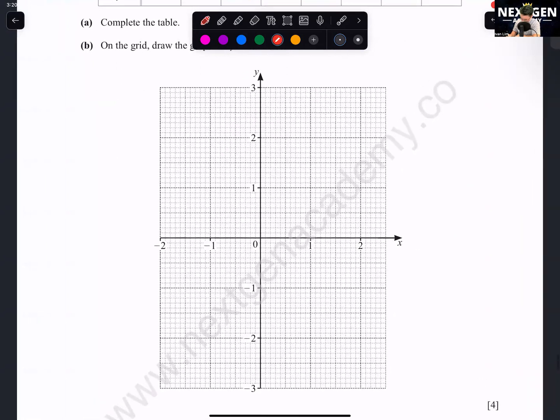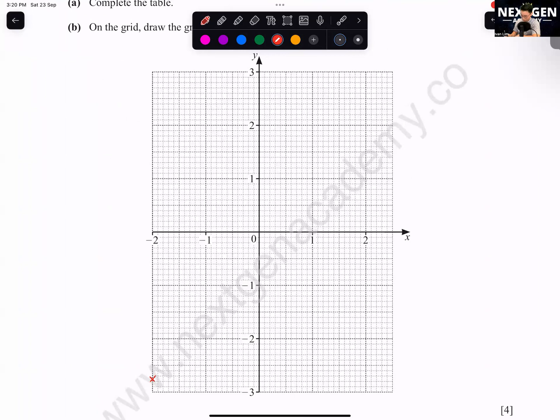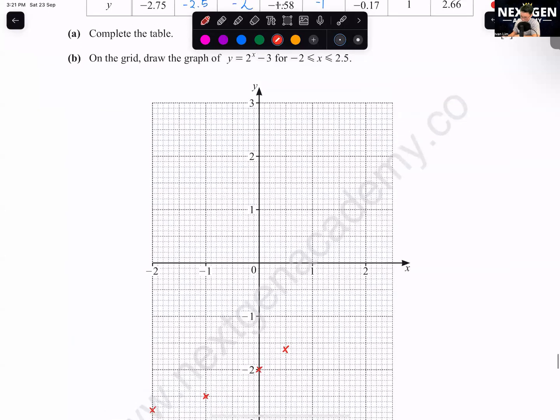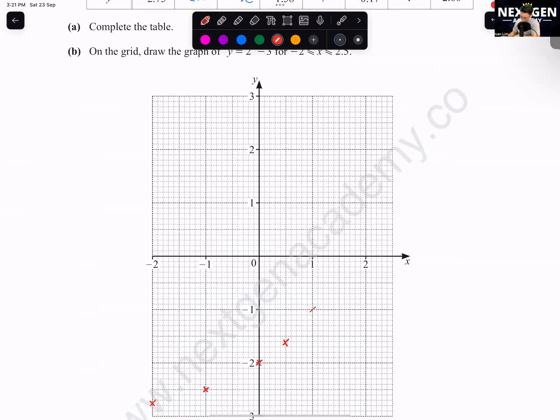Minus 1, minus 2.5. 0, negative 2. 0.5, negative 1.58, so you write about negative 1.6. 1, negative 1. 1.5, negative 0.17, so around negative 0.2. 2, 1. 2.5, 2.66. Normally I put the x a bit bigger.